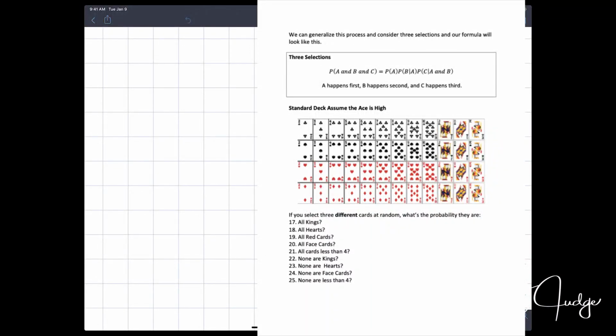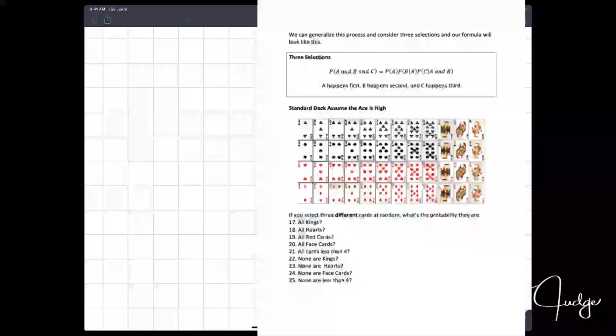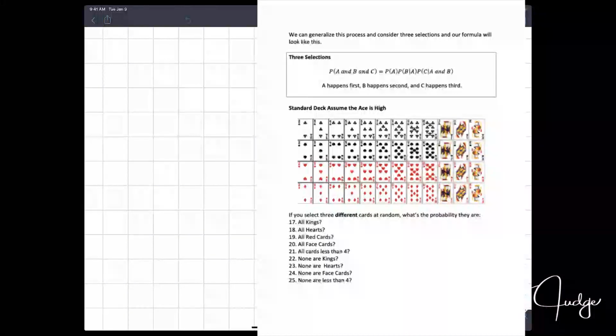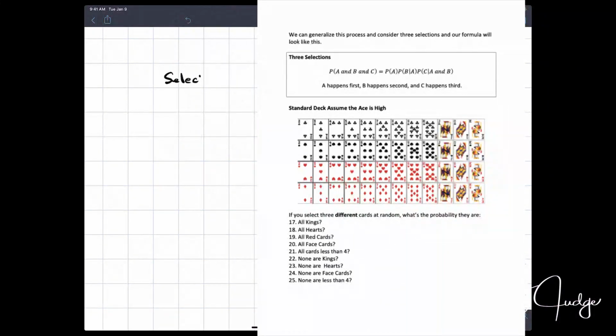Notice we now have 3 selections: A, B, C. Probability of B given A, probability of C given A and B. I want you to consider this. This is where we're going to start today. We're going to select 3 items.